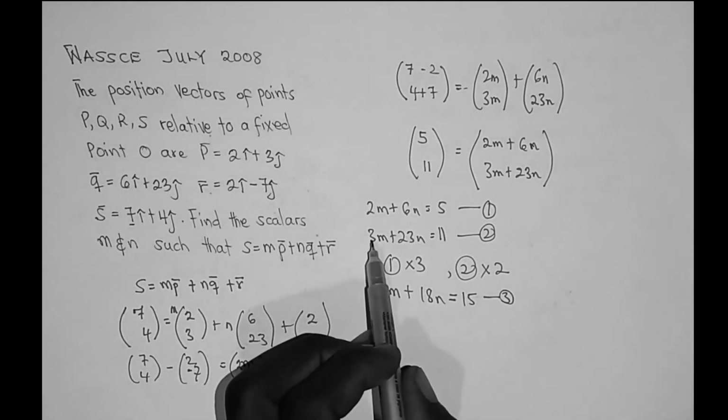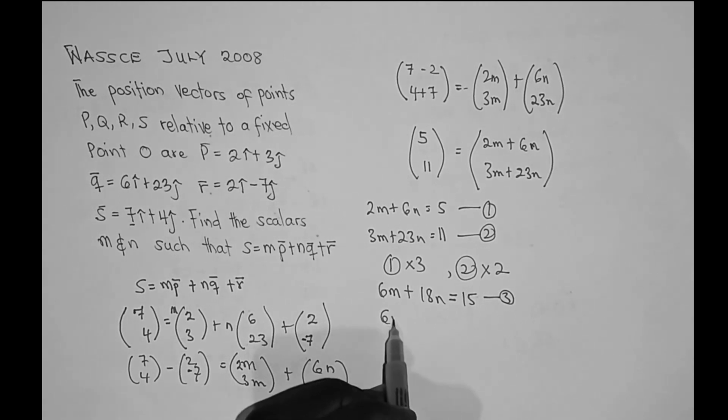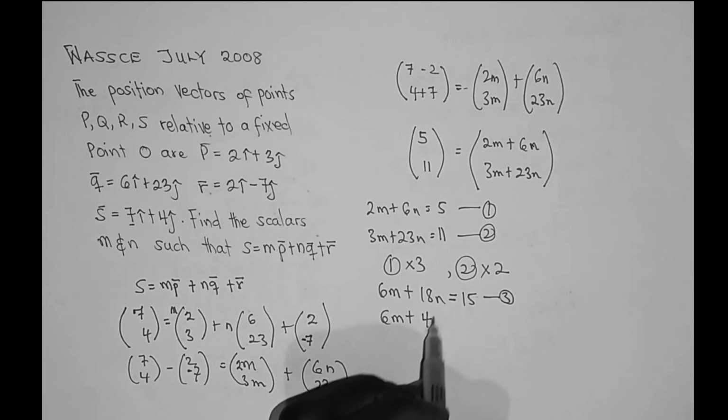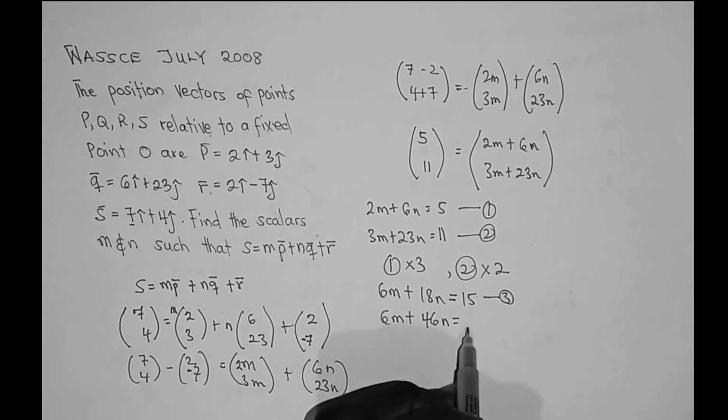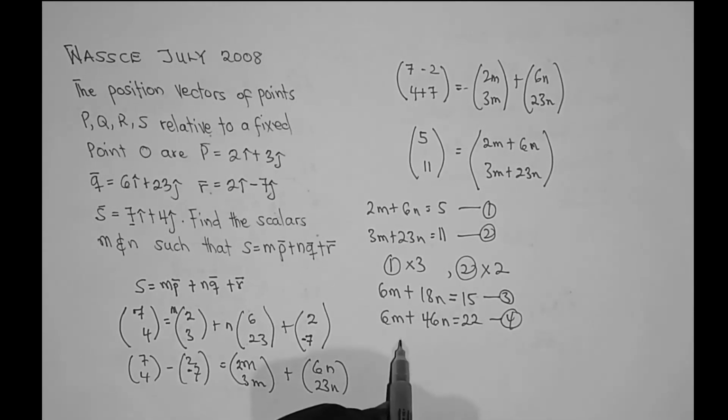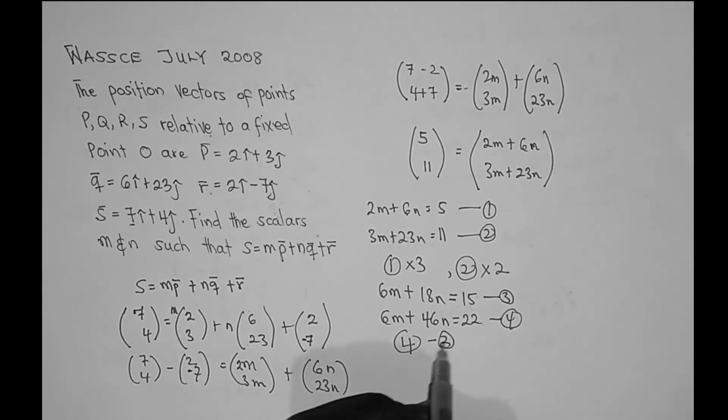So 3m times 2 is 6m, and plus 23n times 2 is 46n, equals 11 times 2 is 22, equation 4.